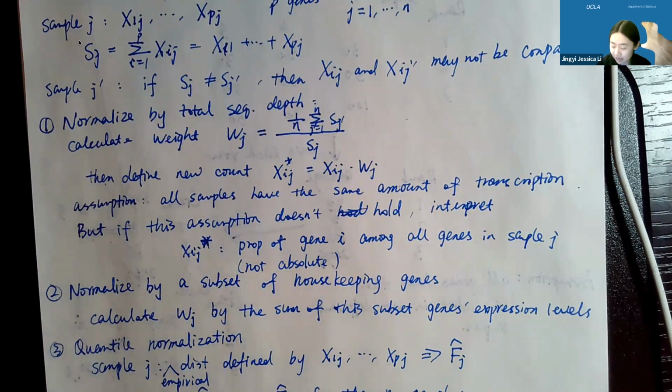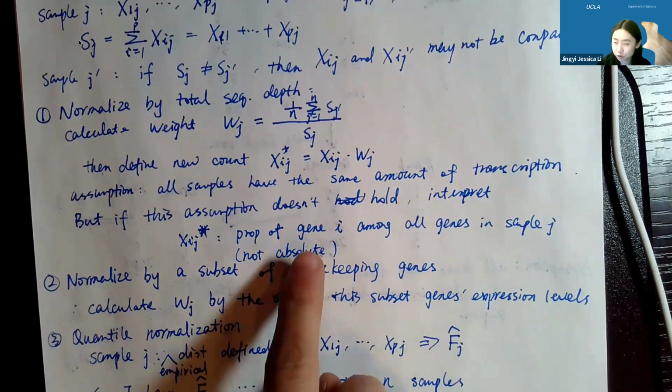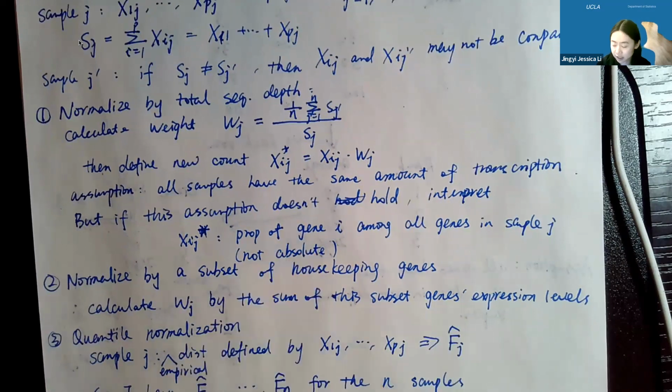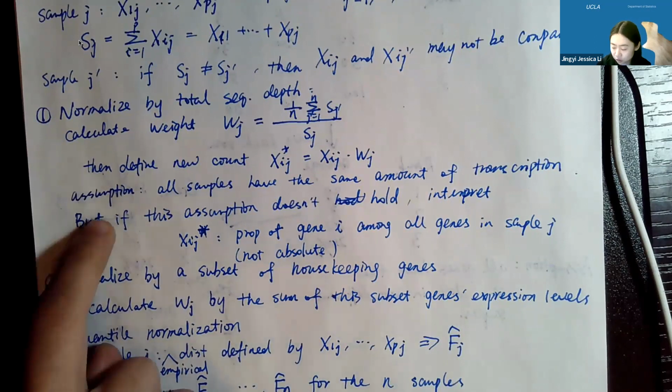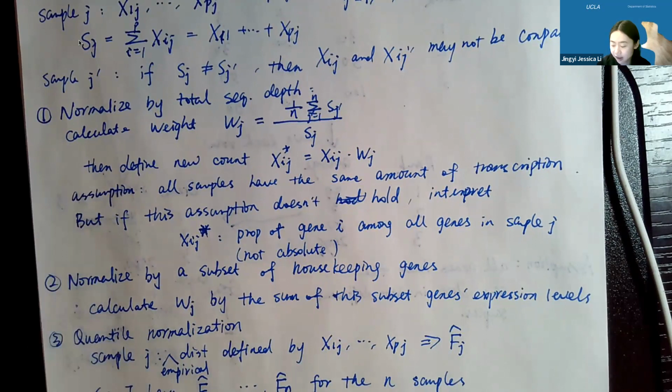But we said that if you want to treat the corrected gene expression values as absolute expression levels, then this assumption assumes that all the samples have the same total amount of transcriptional activity.